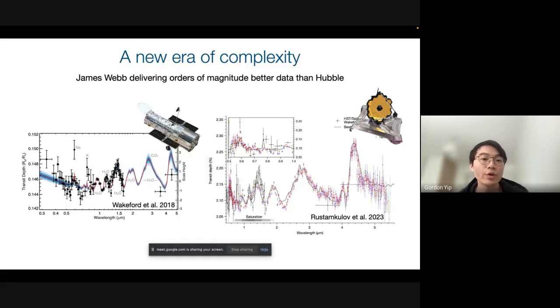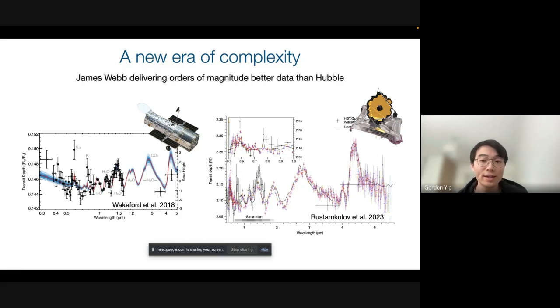So on your left, you've got a spectrum coming out from Hubble and Spitzer, combined together. And what the spectrum really tells us is that the different bands that you have in different wavelengths tell you about the presence of a molecule. So here we have H2O, sodium, and potassium.